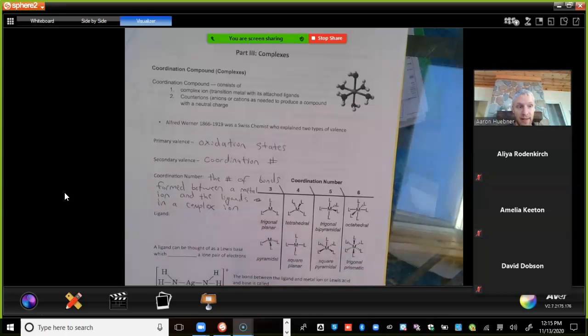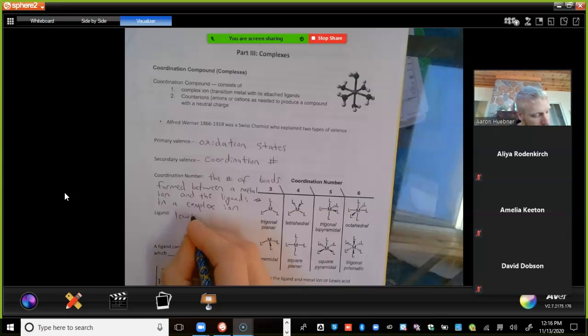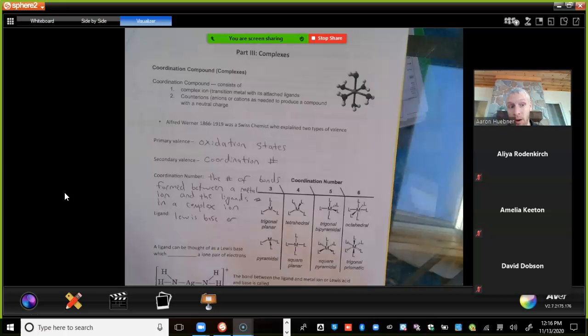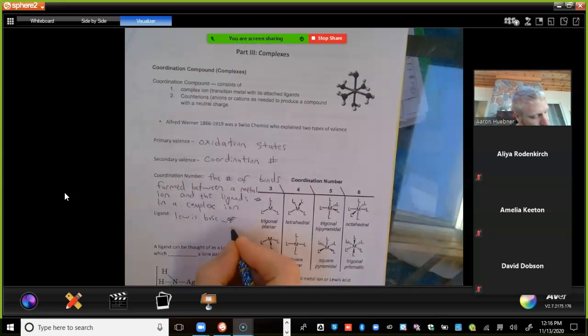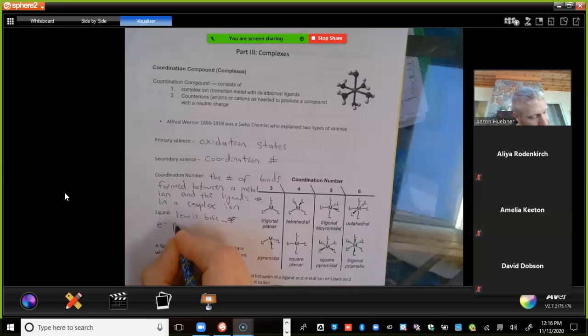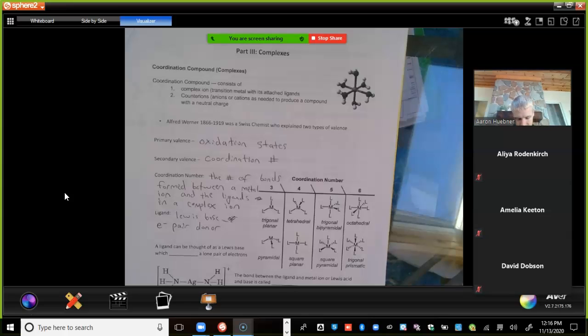So then we got to talk about what is a ligand. Well, it's a Lewis base, also known as an electron pair donor. More specifically, it's a neutral molecule or ion having a lone electron pair that can be used to form a bond to a metal ion.